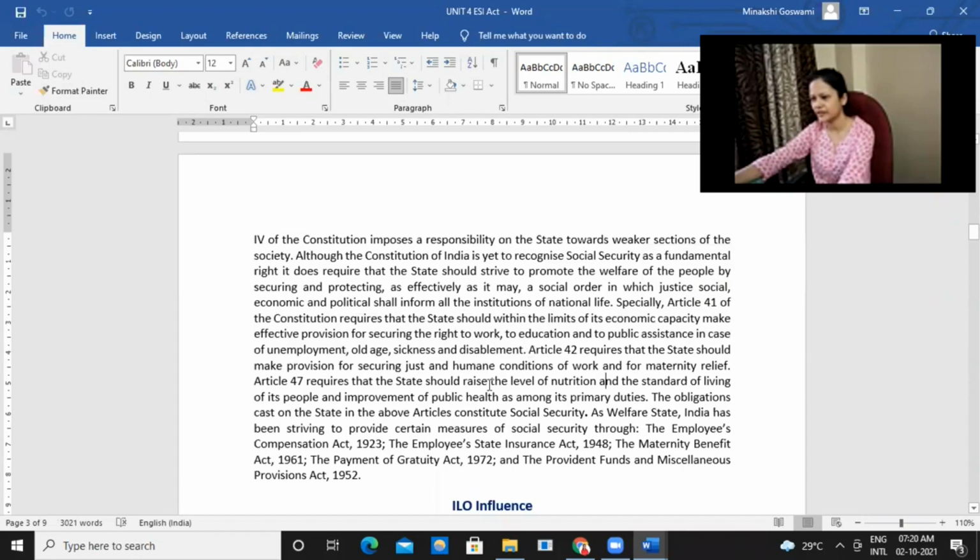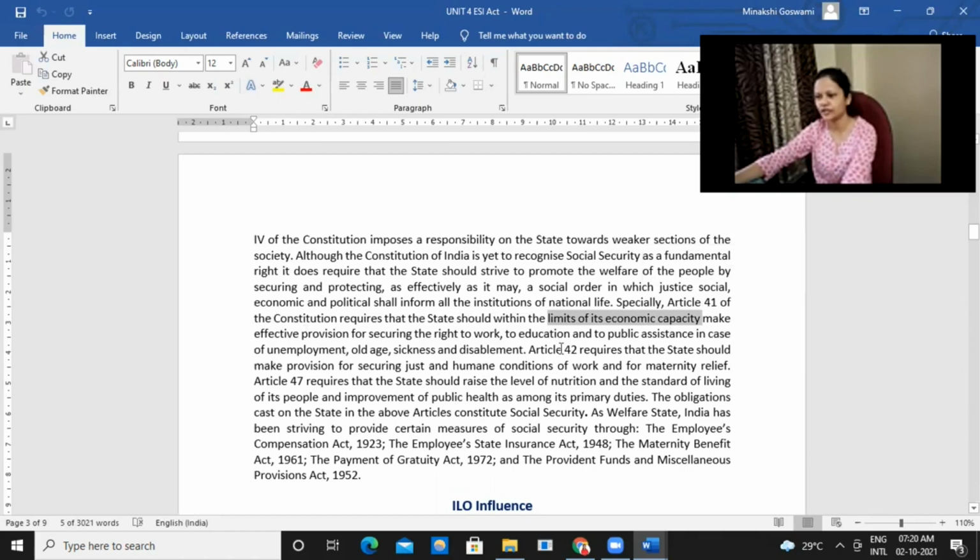So under MGNREGA also some assistance has been given, but it is decided within the limits of economic capacity only, right? They are not guaranteeing 365 days of work, but only 100 days of work. That means out of 365 days, the government had resources to provide work only for 100 days. So accordingly, they are providing. Something is better than nothing. So within their economic limits, whatever best they can do, they would provide that.